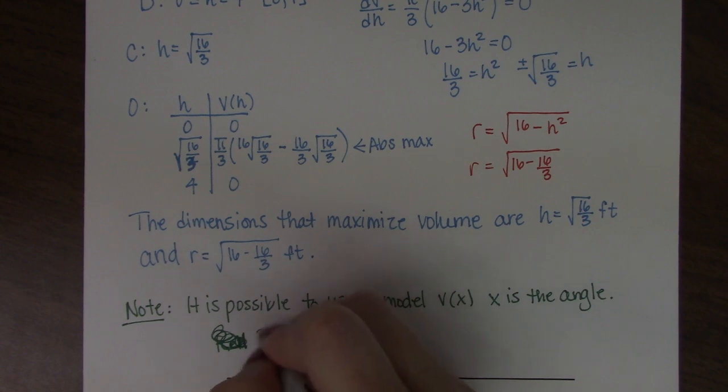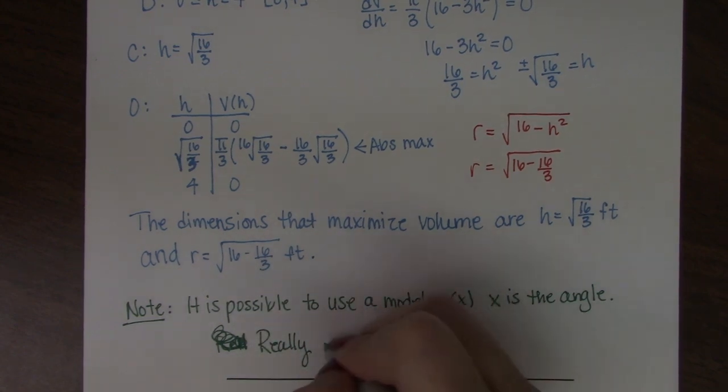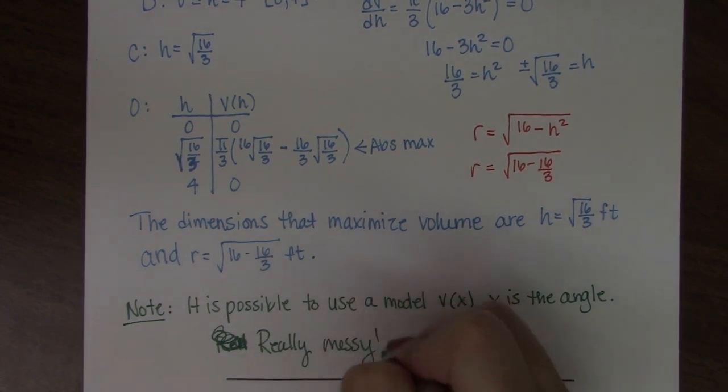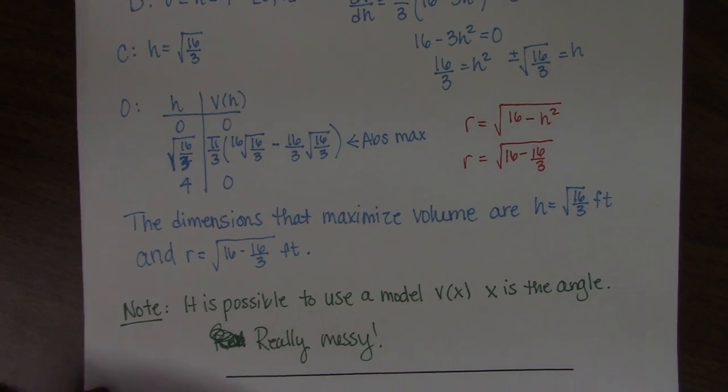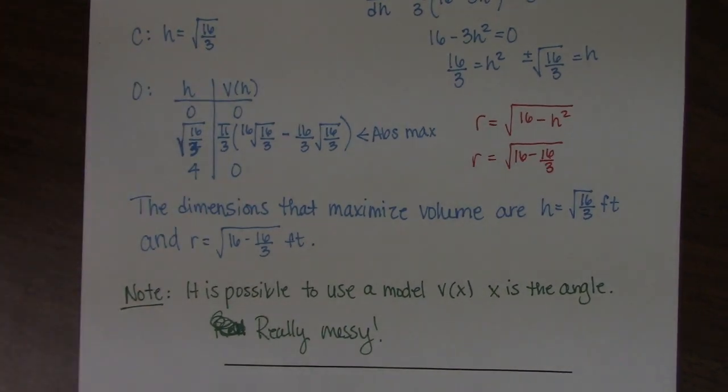But just keep in mind, it's really messy. You would have had to figure out how that variable was changing, set the bounds on it, and that's a really messy kind of gross calculation, but it is technically possible to do it that way.